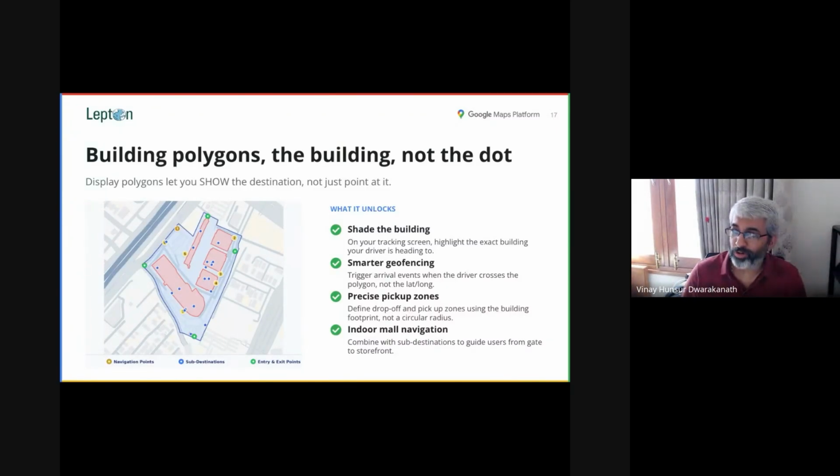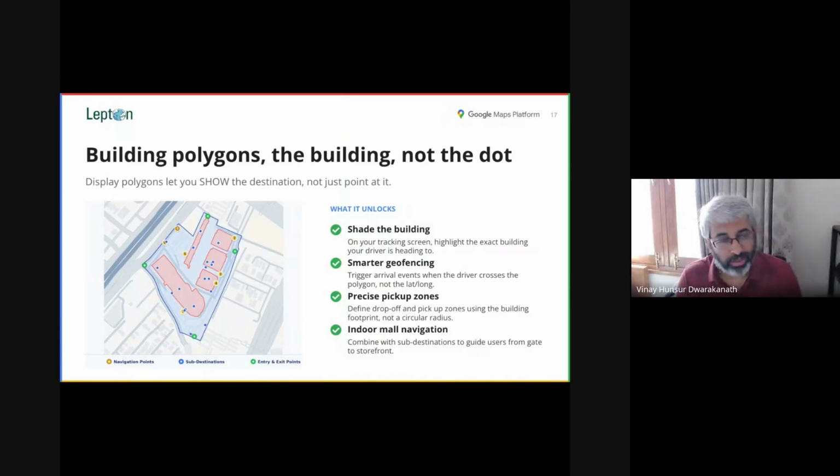And this is typically one of the issues we've heard from customers, that it says he's arriving, but then he's nowhere close and he's headed to the wrong place, right? So precise pickup and drop-off zones: define your handoff zones using the real footprint of the building, no more guessing radius sizes. So a lot of the assumptions and estimations you need to make are out of the window.